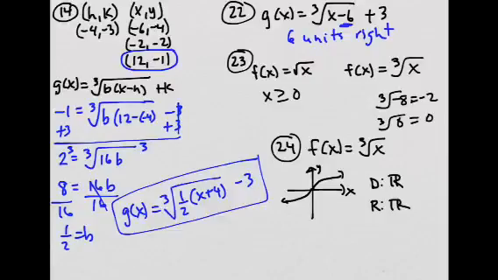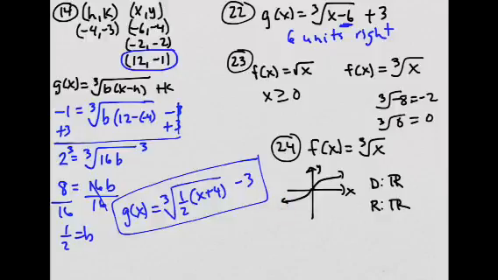Number 24 is asking whether a translation, vertical or horizontal, will have an effect on the domain and range of the cube root function. Well, as you can see here, if we move it down here, it's still going to be all real numbers because the arrows indicate that it's going to move left and right forever and up and down forever.